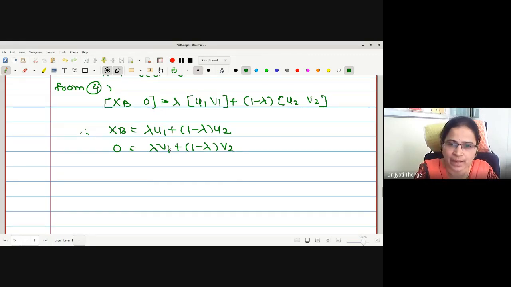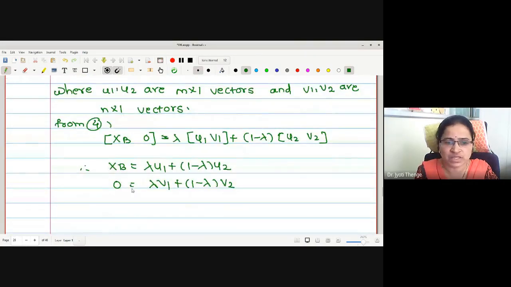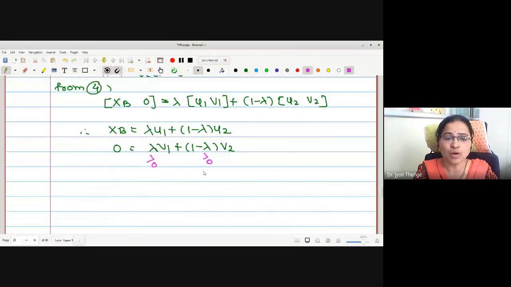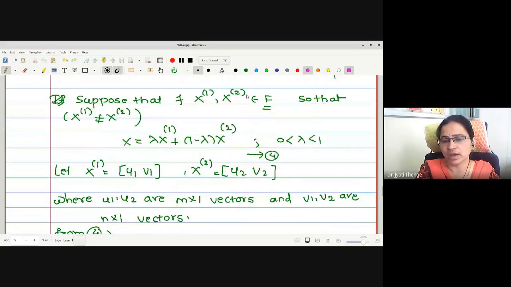What about lambda? As lambda lies strictly between 0 and 1, this lambda is strictly positive. What about 1 minus lambda? Again, both the values, lambda and 1 minus lambda, will be positive. What about v1 and v2? As these vectors belong to F, the collection of all feasible solutions, they are non-negative.